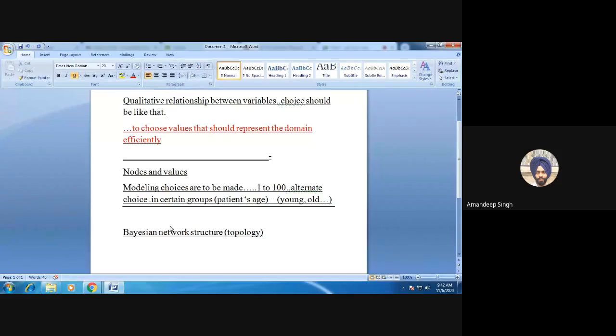If one node affects or causes the other node, they should be connected with an arc indicating the direction of effect.